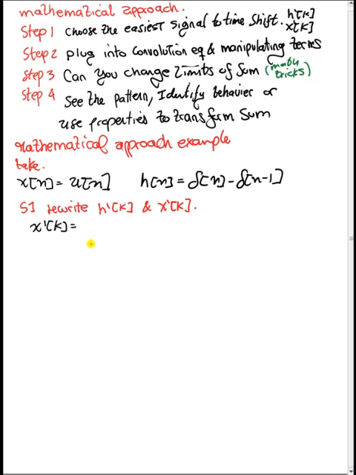For x prime of k, we're just going to make it equal to h. So it's not too bad. And then h prime of n minus k is the one that's going to be easiest to flip in the equation; we're going to make it be u of n minus k. So now go over to step 2, which is plugging into the convolution equation.